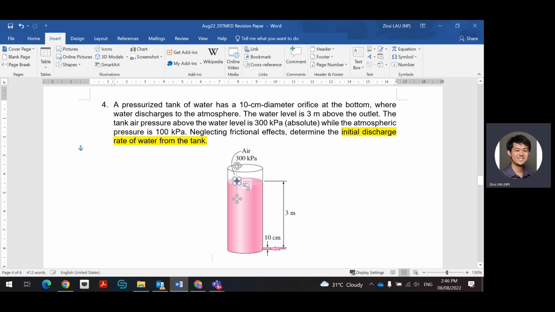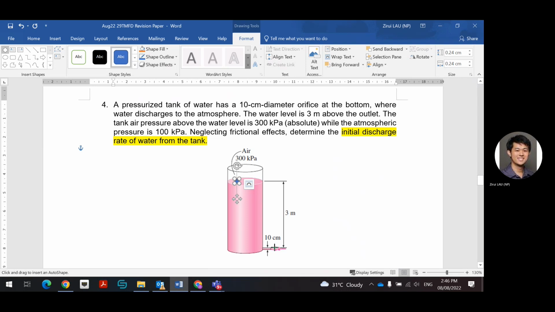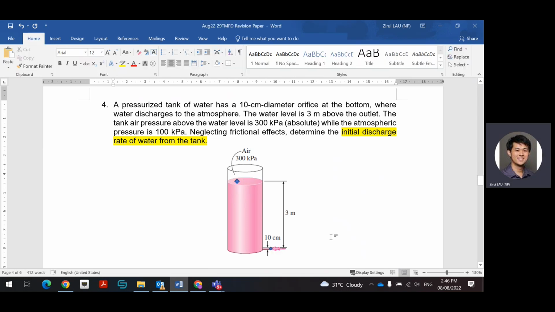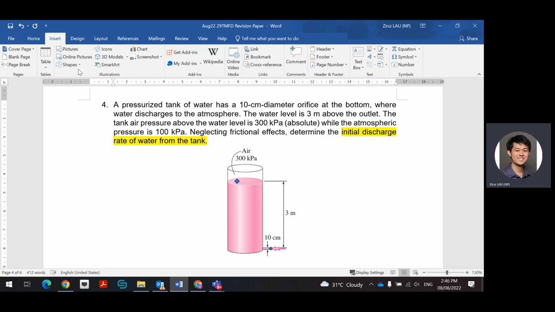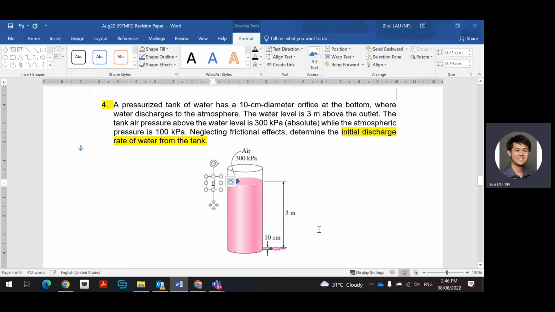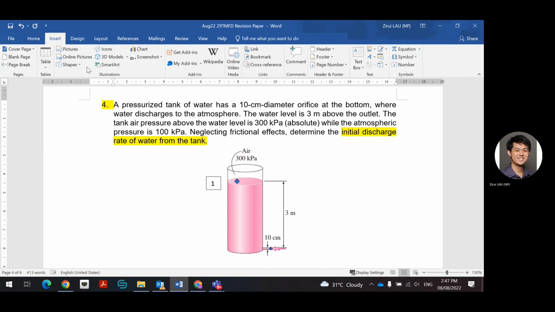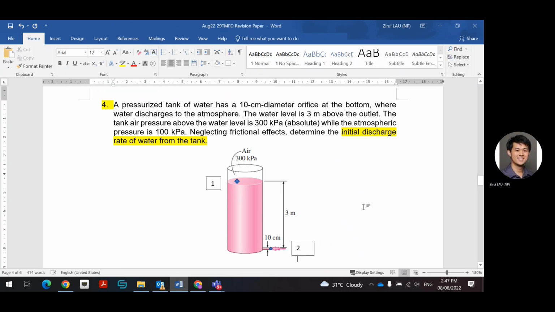One is here. The other one is exactly at the outlet. So that is really the first thing that you need to establish. So this one here is 0.1 and this one here is 0.2.